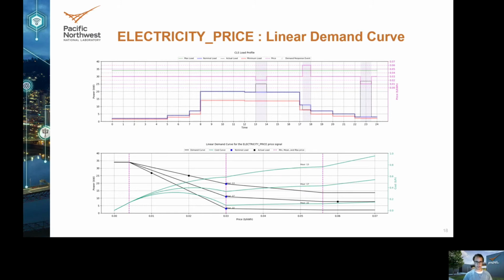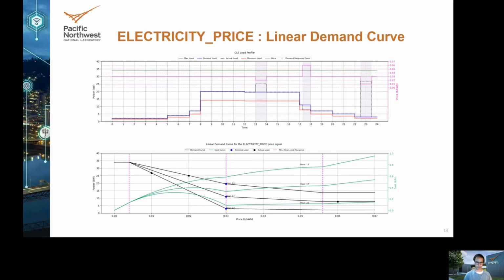The inflection points are then connected by straight lines to make what we're going to be referring to as a linear demand curve. And one last addition to this figure are the teal lines in the bottom plot that represent cost. The reason we want to observe cost is in order to use it as a metric for determining demand curve performance. So in other words, if cost is to be accounted for in the design of a demand curve, observing the cost will allow us to evaluate how well the demand curve actually controls for cost.